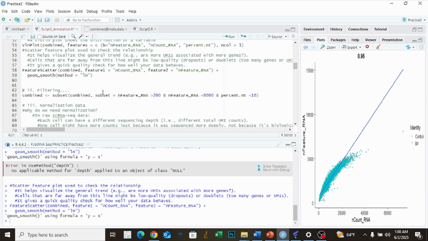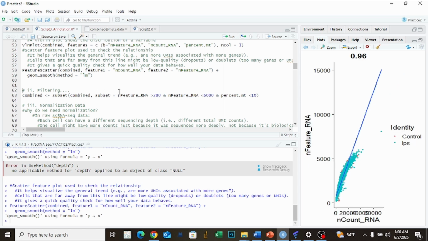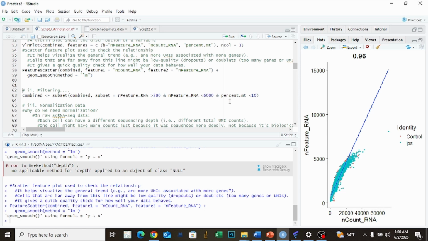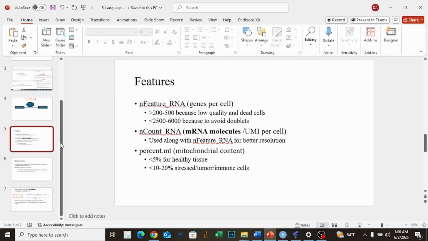So now we set filtering parameters, or cutoff values, for nFeatures and nCounts. Normally, the cutoff value for nFeatures should not be less than 200 to 500, because if the genes expressed per cell are less than 200, it indicates the cell might be dead or low quality.